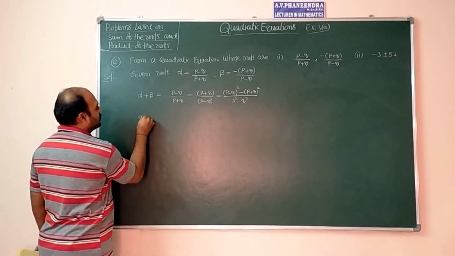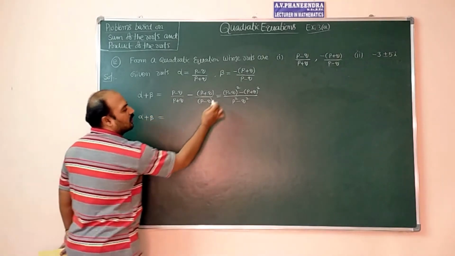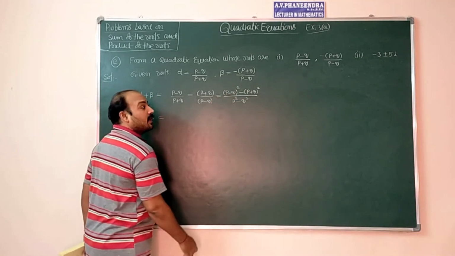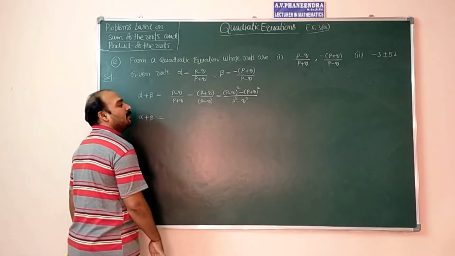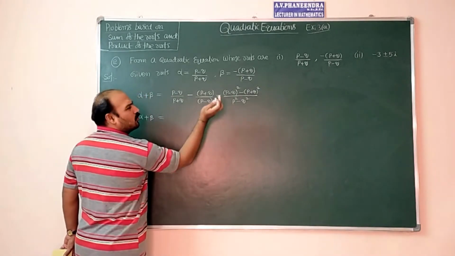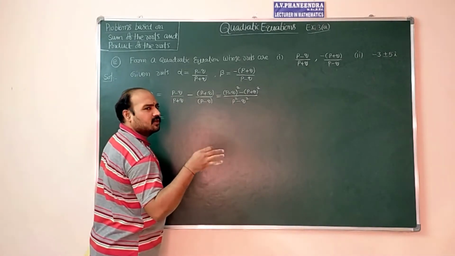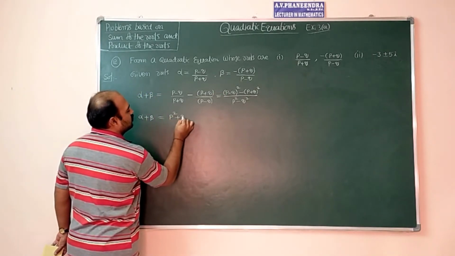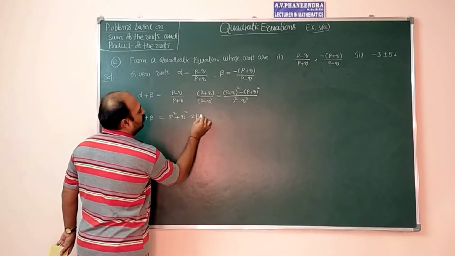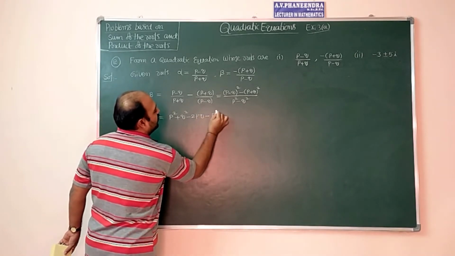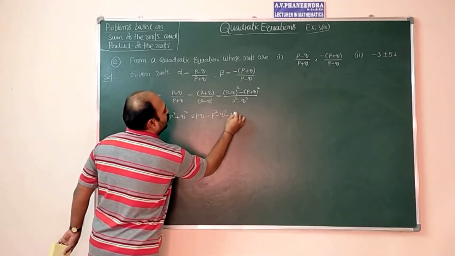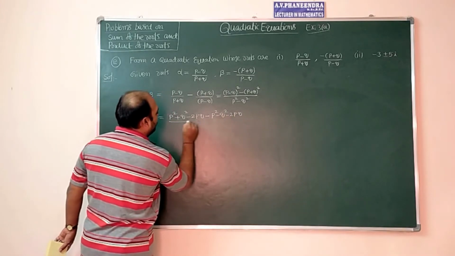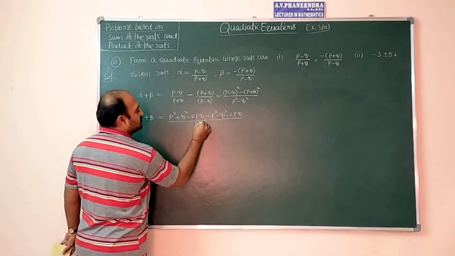So alpha plus beta equal to, here (a minus b) whole square minus (a plus b) whole square, minus 4ab will come. That means if you do not write directly, simplify each and every term, nothing will happen. p square plus q square minus 2pq minus p square minus q square minus 2pq divided by p square minus q square.